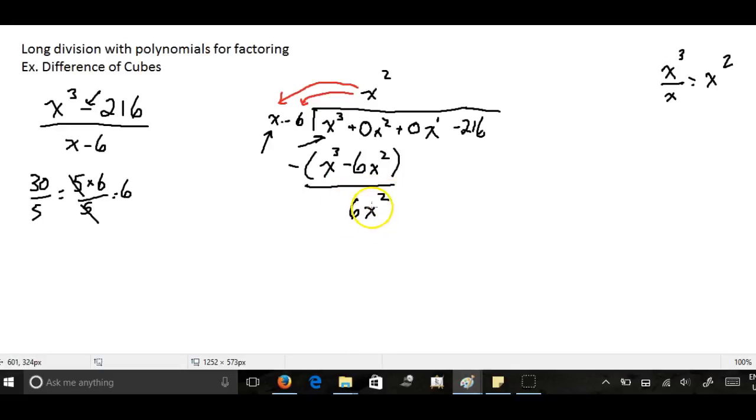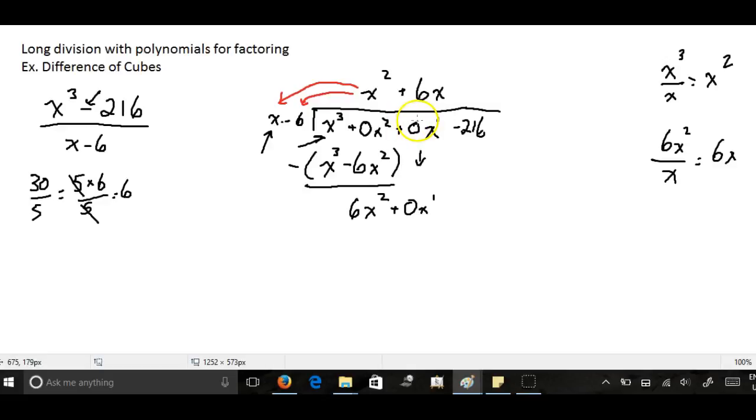The next step in long division is to bring down the next term, plus 0x to the 1, right? I don't need the 1 on there. I'm just writing it for the purpose of showing you the descending powers of x. And we begin our division all over again as the way we did up here. 6x squared divided by x. Okay, so 6x squared divided by x is 6x. This value goes up here in the next column.